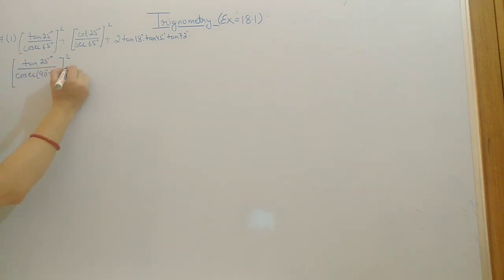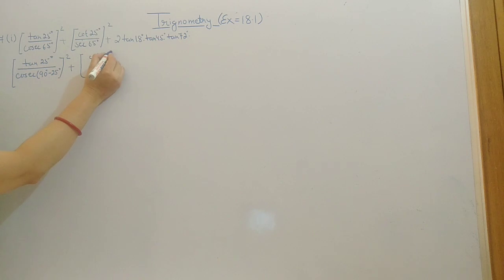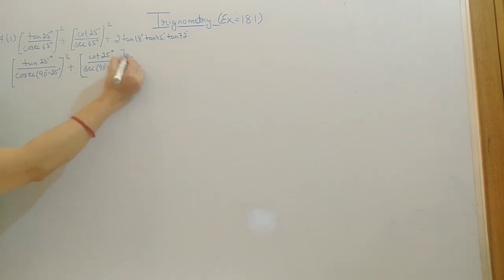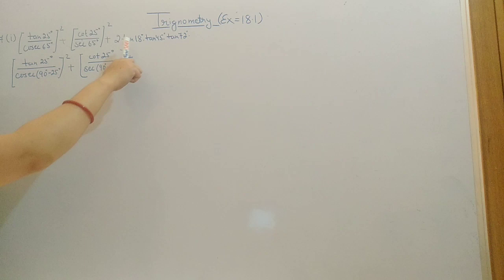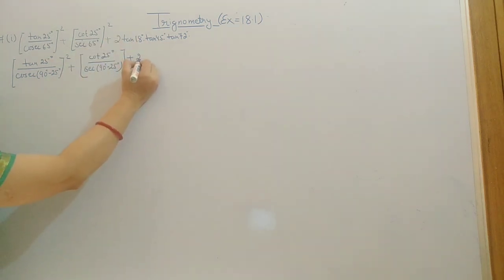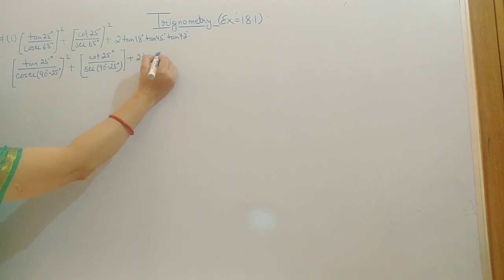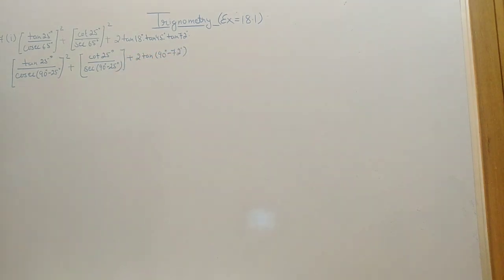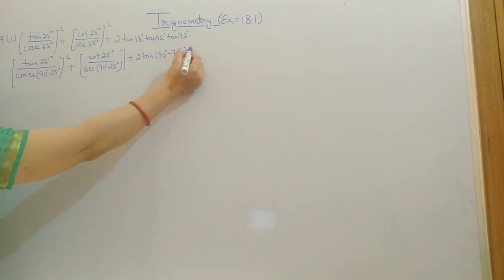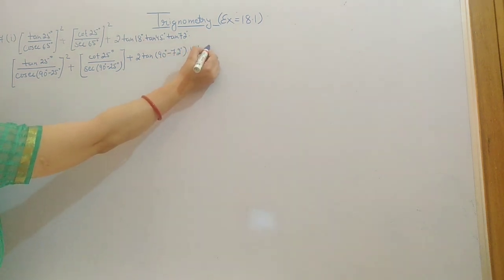From the second term, denominator we will change. Cot 25 will be as it is, and sec 65 we can write as sec (90 minus 25). From last term, any one, tan 18 or tan 72, we have to change to tan (90 minus 72). Tan 45 value is 1 and tan 72 as it is.